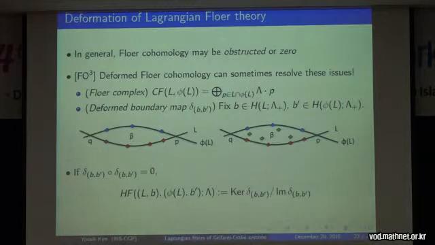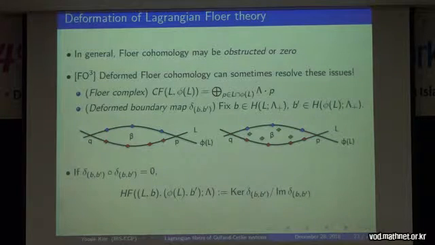So let's look at the Floer cohomology. We're going to use the same Floer complex, but we're going to deform the boundary map as follows. Let's insert some boundary markings, and fix some designated cycles on L and its Hamiltonian perturbation, and then require that these blue marked points pass through the cycle B prime.